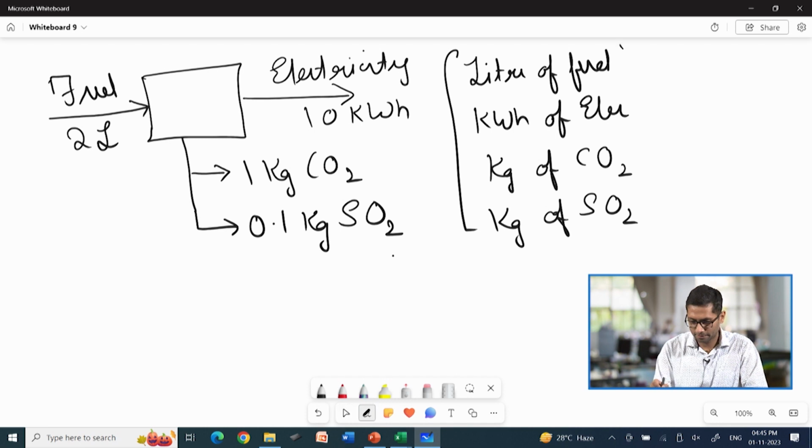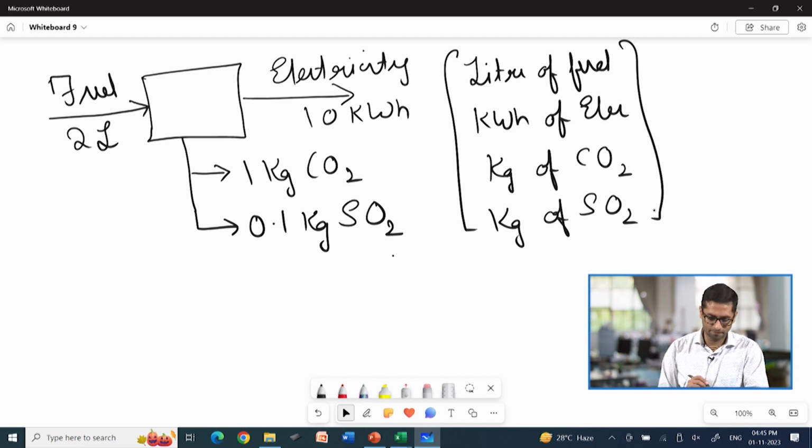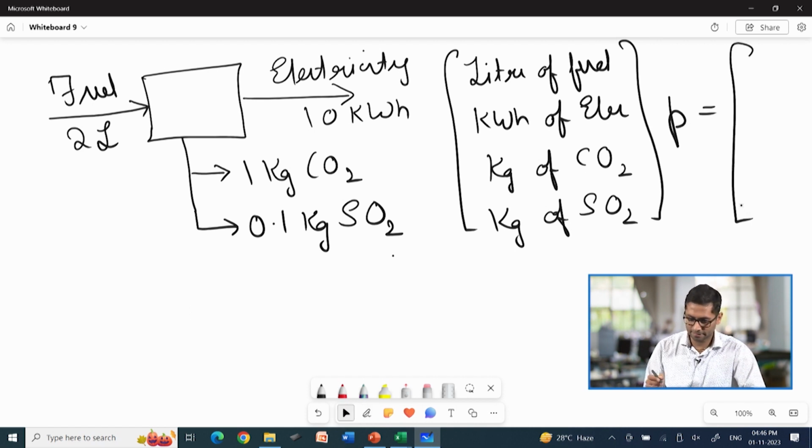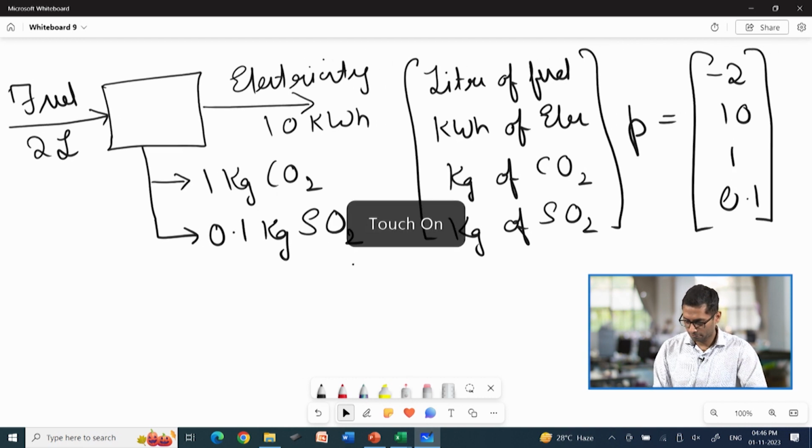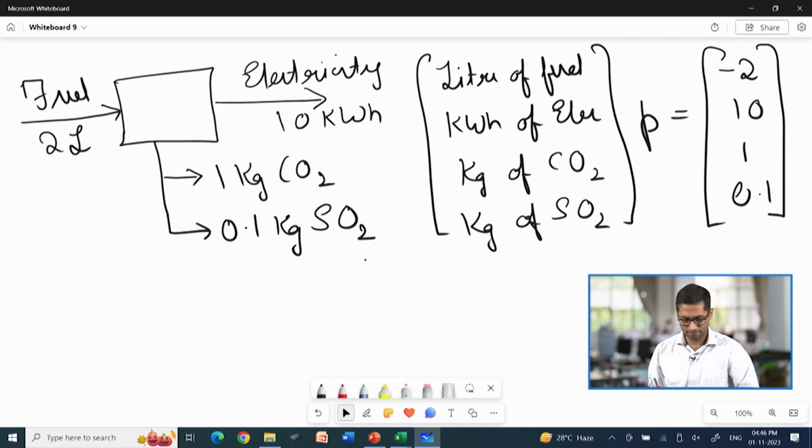Let me define this in terms of a matrix, and maybe I can denote this matrix with the name P, and the values can go in here. The fuel that is getting used is 2, and since it is an input, I would put a minus sign to it. Then the electricity that is produced is 10 units, so it would be 10. Then we have 1 kg of CO2 and 0.1 kg of SO2. So, this could be one kind of notation for a process like this.